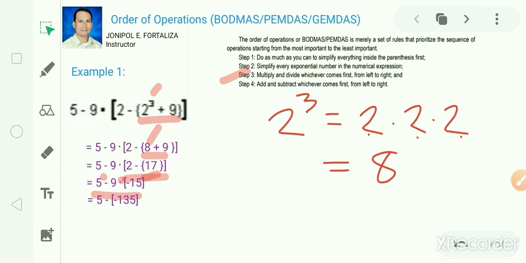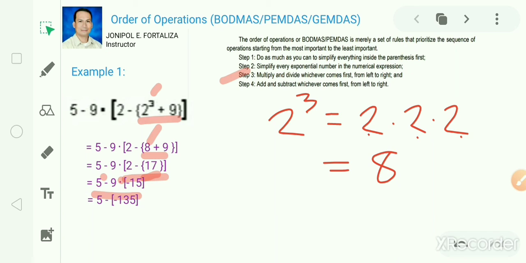Okay, so we have that 5 minus the quantity of negative 135. Since the grouping symbol also signifies multiplication, we can multiply the signs.